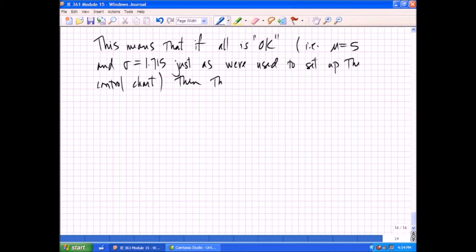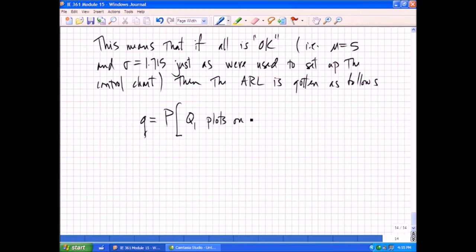Well, then the ARL is gotten as follows. I need this value little q. That is the probability that the first plotted point plots outside limits.